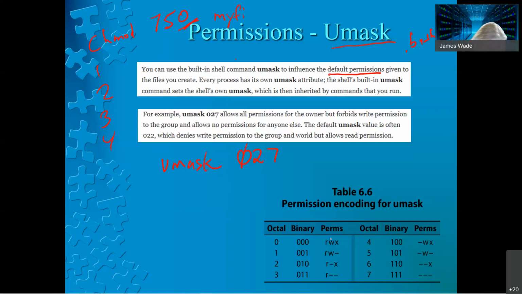I think it's crazy, but it's the inverse. Look, a 0 means read, write, execute. A 2 means read, execute. It's the inverse of the other. You just need to remember that the umask is the inverse of the chmod.